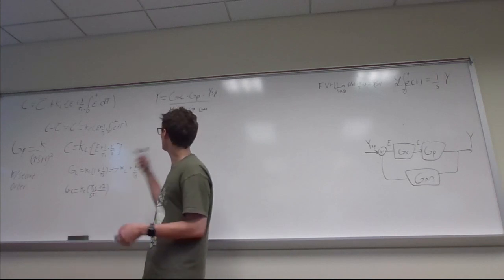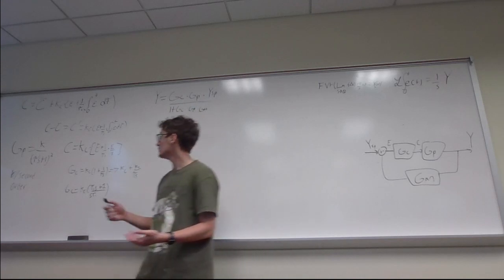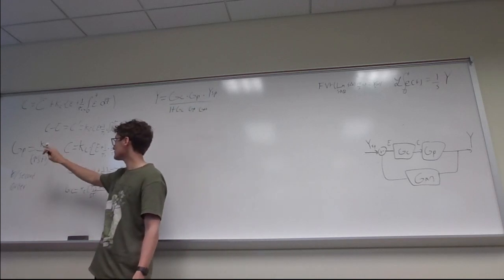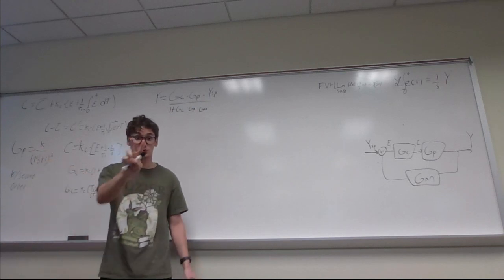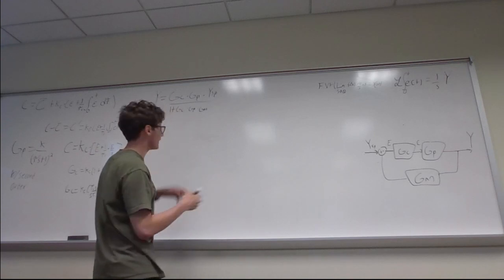And then, we haven't been given GP, but because we were told it's a second order problem, we know that it equals K over tau s plus 1 squared. So now we have all the building blocks. We're going to put it together.